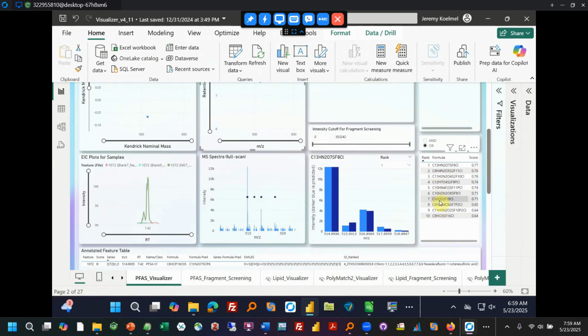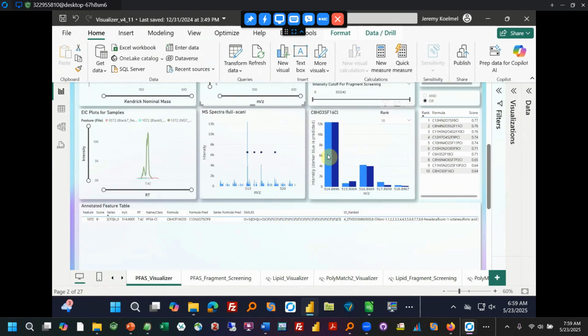Yeah, so that C8 species is within the formula prediction, so we can look at how well that matched. Not bad, actually. You can see what that distribution would have looked like for a single chlorinated species. So definitely one chlorine. Most likely it is the species because it's a common species.